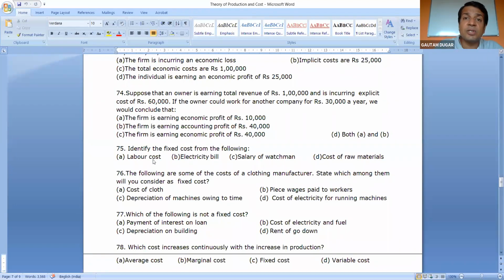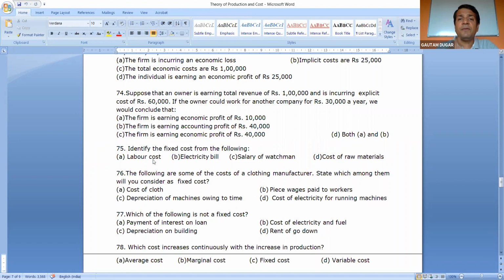Electricity bill is also a variable cost of production, because many people are answering B. I need to focus on this point. I think electricity expenses are also variable, because greater the production, greater will be the electricity consumption.